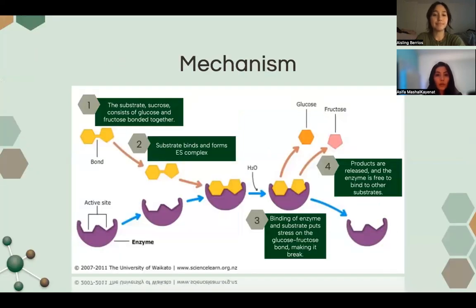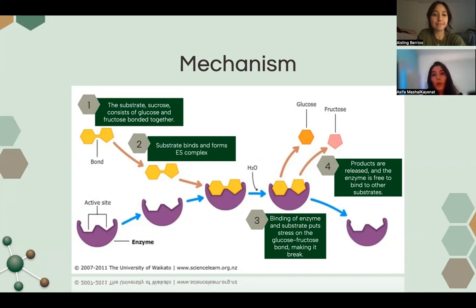Now let's talk about the exact mechanism of sucrase, which uses a hydrolysis mechanism for catalyzing products. The substrate sucrose, which is composed of bound glucose and fructose, comes in and binds to the two active sites on the sucrase enzyme. This interaction forms an enzyme-substrate complex. The binding of the substrate and enzyme puts stress on the glucose-fructose bond that makes up sucrose and eventually makes it break.